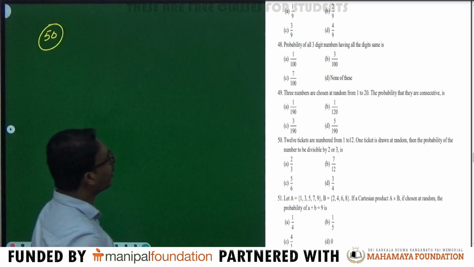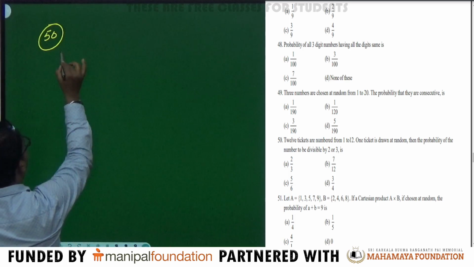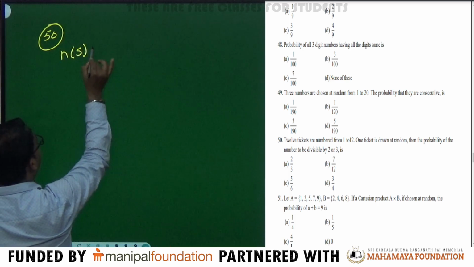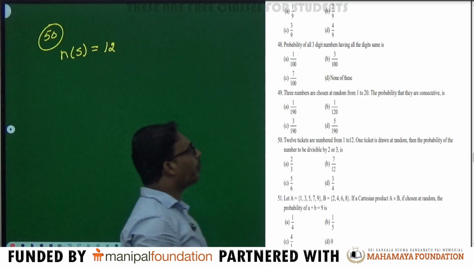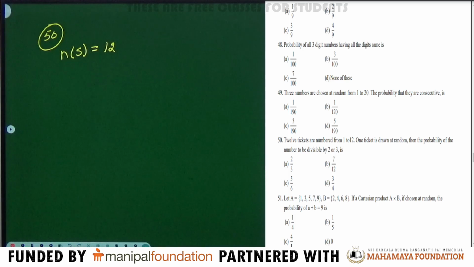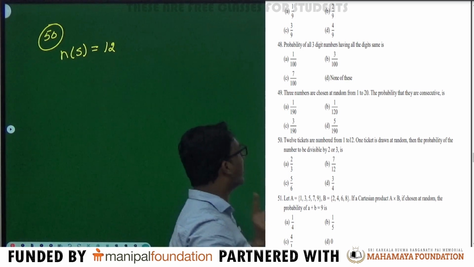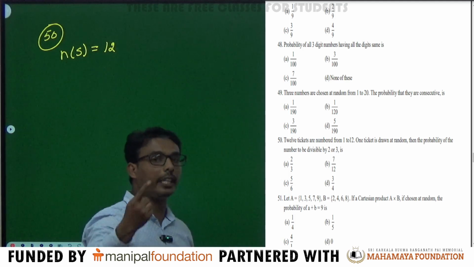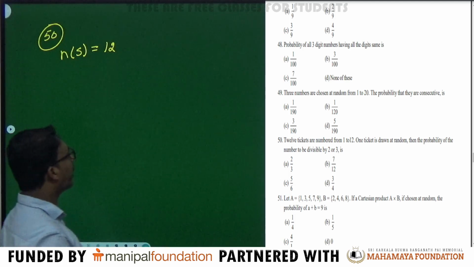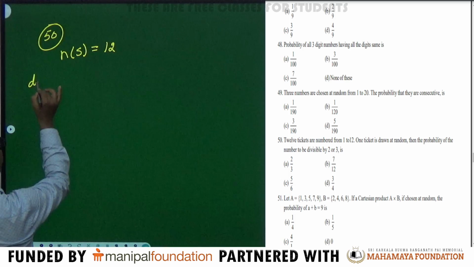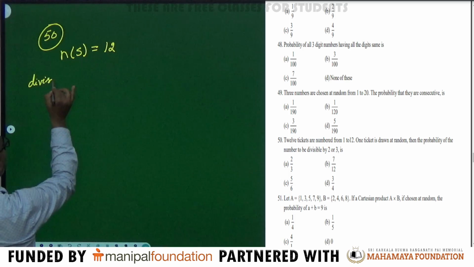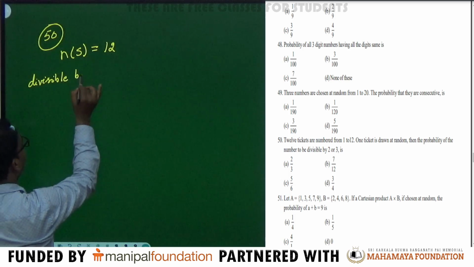So, they have given 12 tickets in total. Therefore, the number of elements in the sample space is equal to 12. Here we are finding the probability of an event that the selected number is divisible by 2 or 3. Which are the numbers divisible by 2?